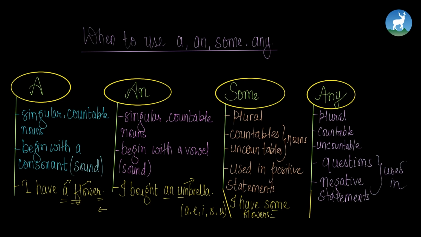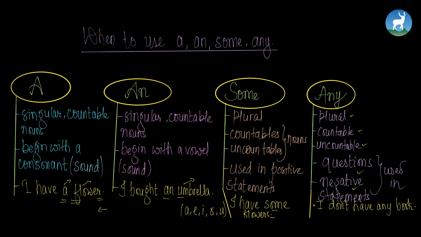Let's go to any. Now let's recall that I had said any is used with plural countable or uncountable nouns, and it's usually used in negative statements and question sentences. So let's see one example. I don't have any book.